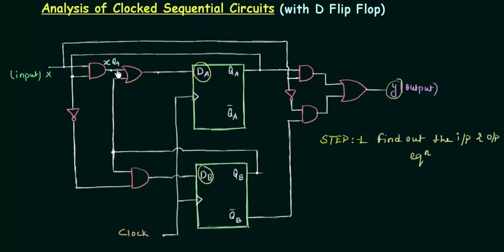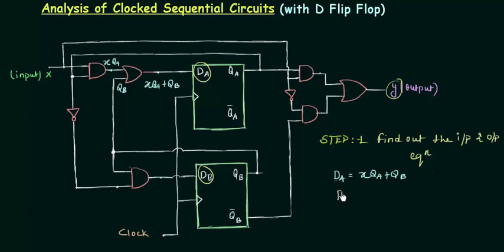This XQA is now acting as the input to this OR gate, and the second input is QB. QB is going like this as the second input. Overall my dA is equal to XQA or QB. So I will write my input equation: dA equals XQA or QB.